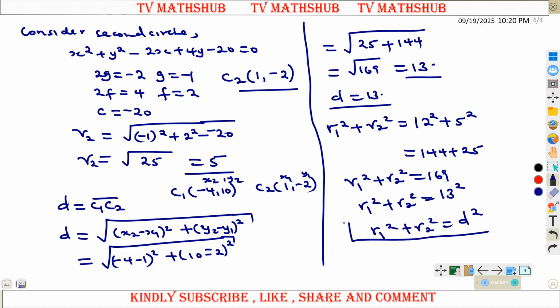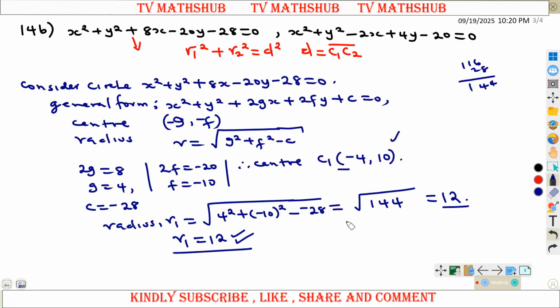So if this is true, according to what we wanted, then we conclude that the two circles are orthogonal.